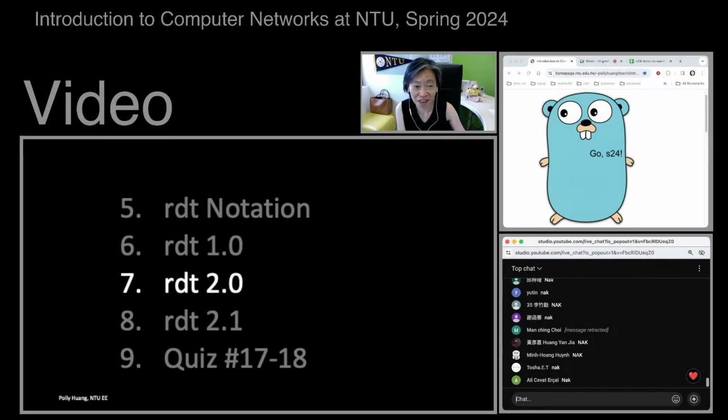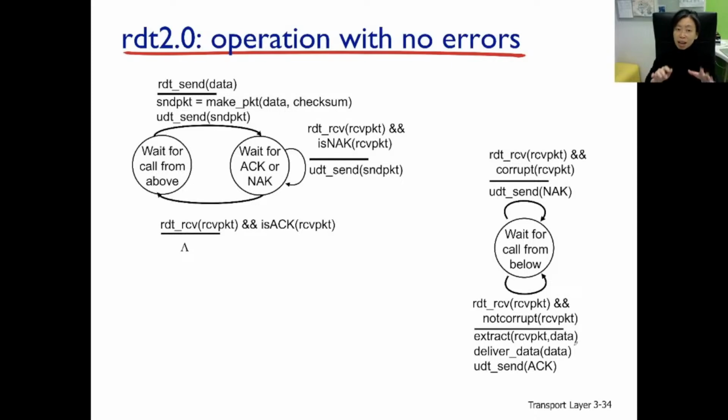All right, so I guess so far so good. It's not exactly all that complicated, but let's exercise with an example. So this is a chance for you to read and interpret the finite state machines. Now, let's walk through a couple examples to show you how the sending side and the receiving side of RDT interact.